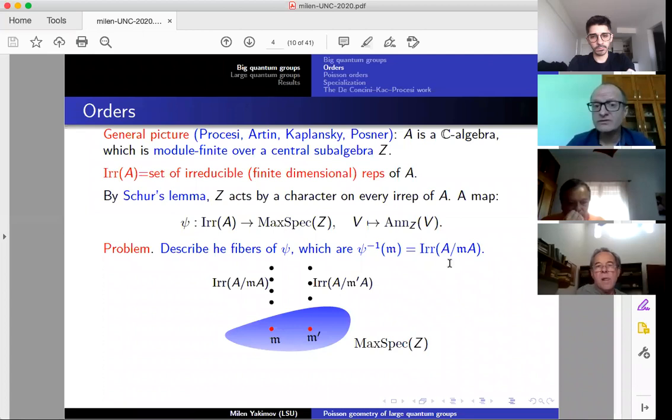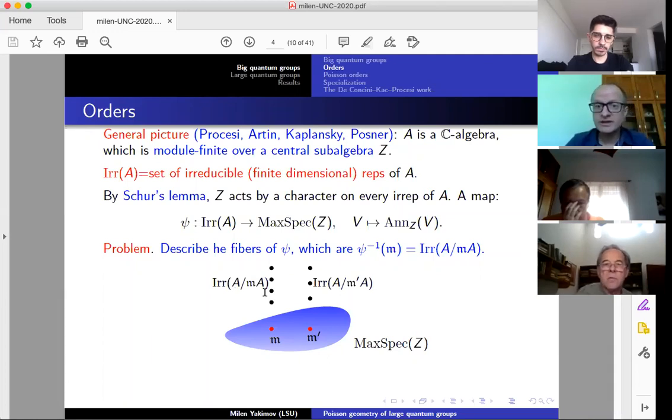That means that this is actually a representation of the algebras that appeared on the previous slide, the algebras of the sort A mod MA. So in other words, we have the geometric picture, but on top, we also know that each fiber has a very nice representation theoretic meaning. It's precisely the irreducible representations of the finite dimensional algebra A mod MA.